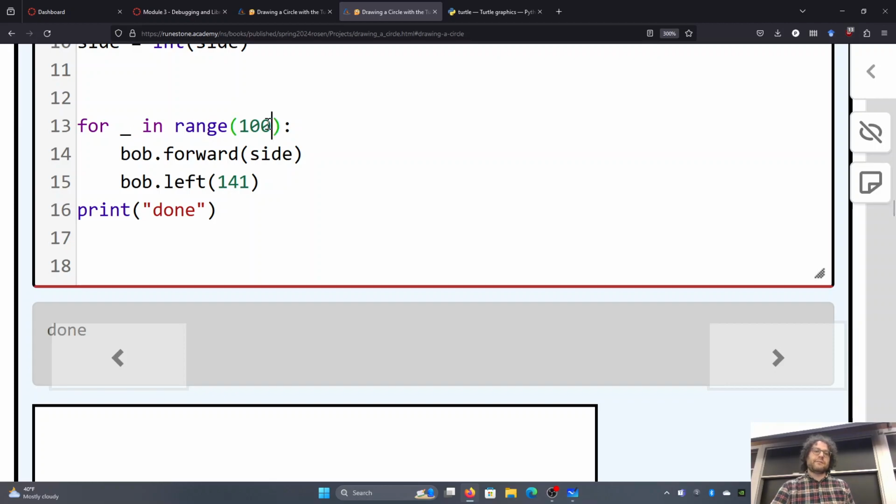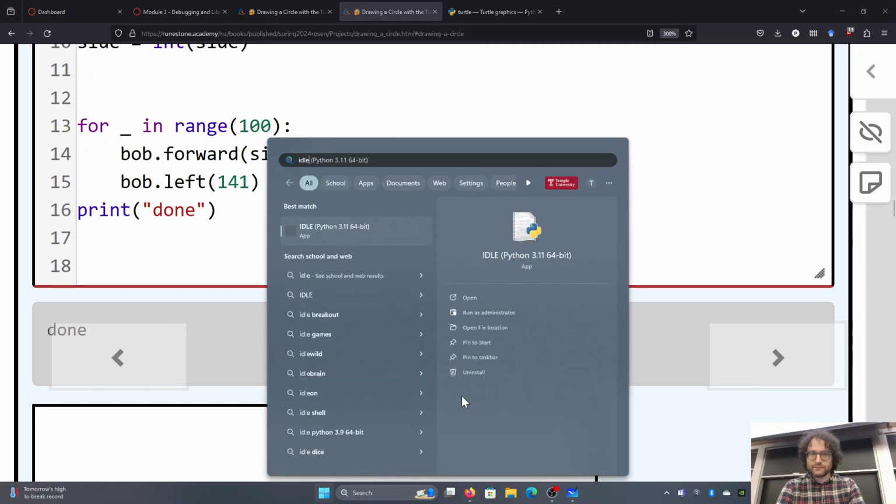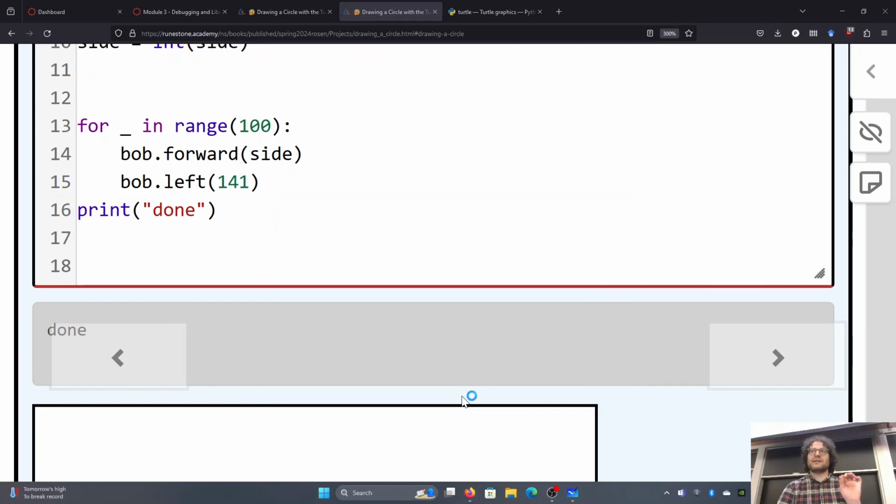Range basically says we're not just going to do this 100 times, but actually this produces a number. If I pull up IDLE for a second, please bear with me to the end. Trust me, I'm going to make it worth it.